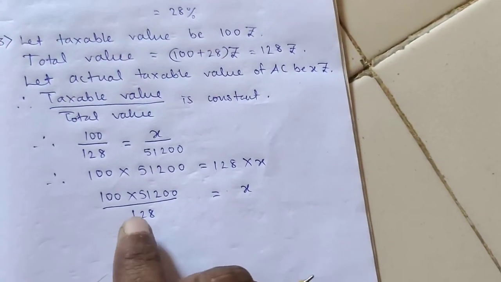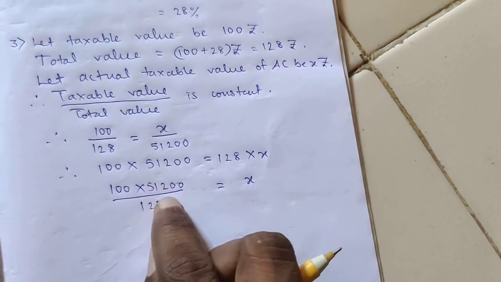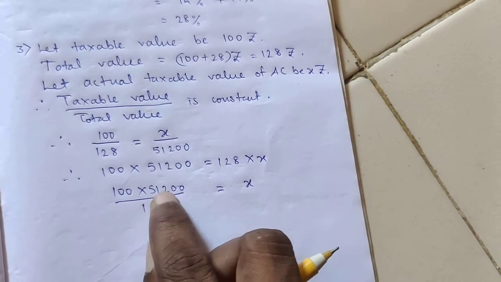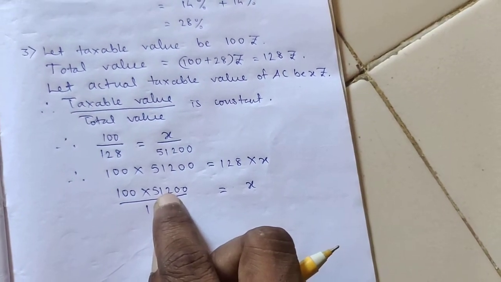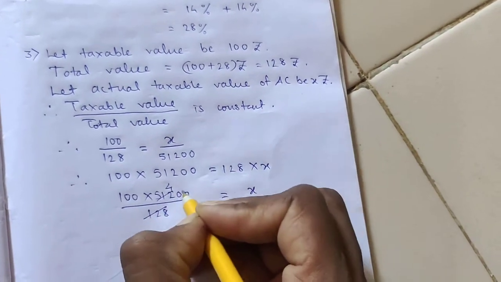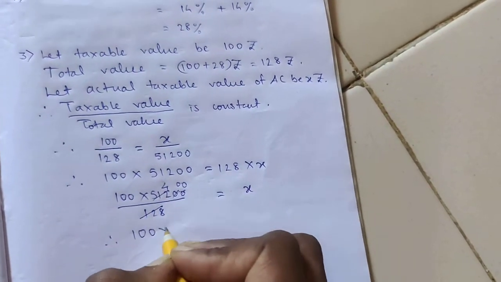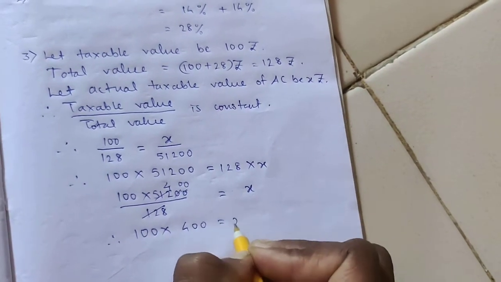Now let us do cancellation. See, 128 and 512, you know 128 and 512 can be cancelled as 4 times. So 128 times 4 is 512 and 2 zeros. So what is remaining? 100 into 400.